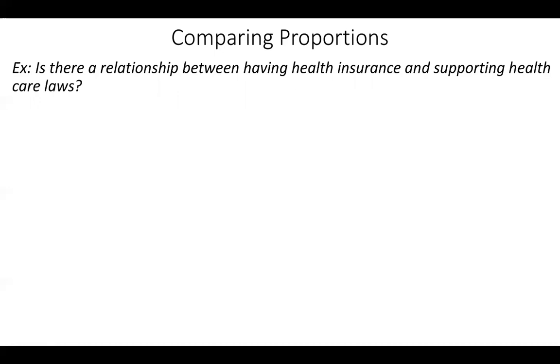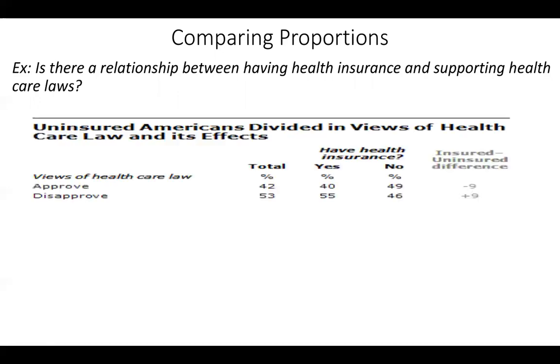So I have some Gallup data that was collected in 2013, and I've zoomed in on the portion of this data that's most appropriate for our purposes. Here we have views of healthcare law, and each of these rows represents either approving or disapproving. By healthcare law, we're referring to the Affordable Care Act or any other new healthcare law proposed by Congress.